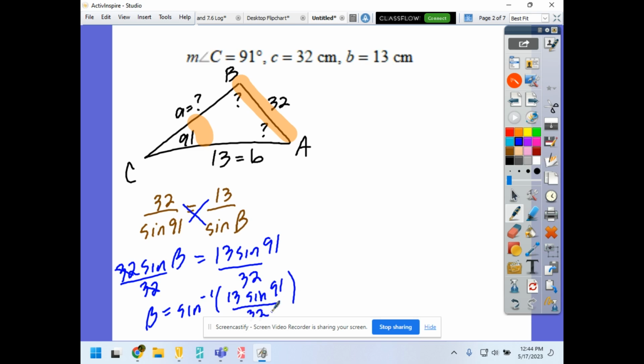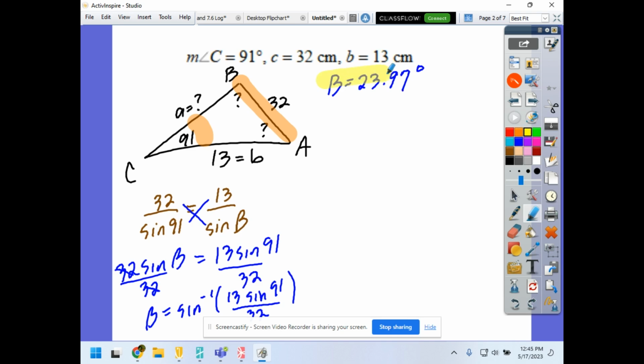So, inverse sine of 13 sine 91 over 32, and I got 23.97. So my angle B is 23.97 degrees.